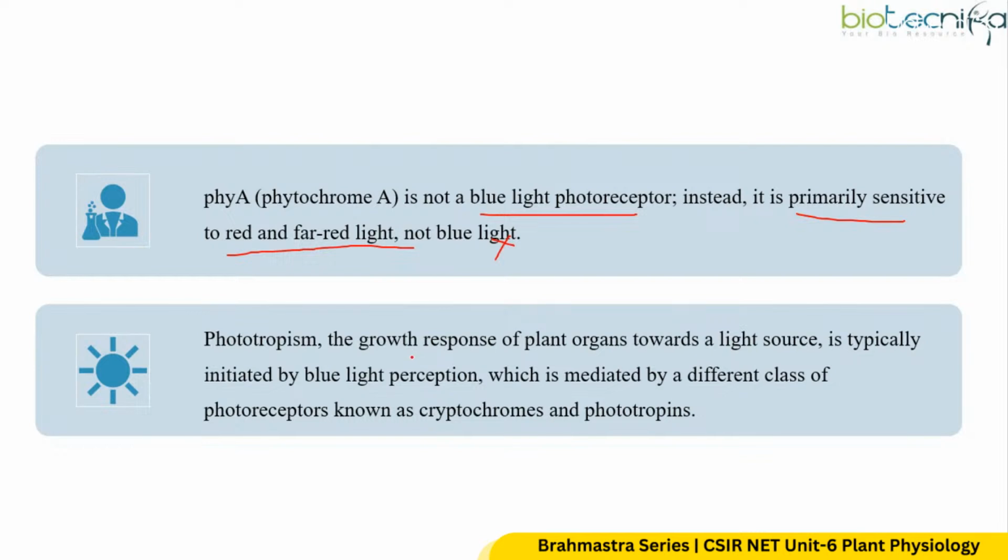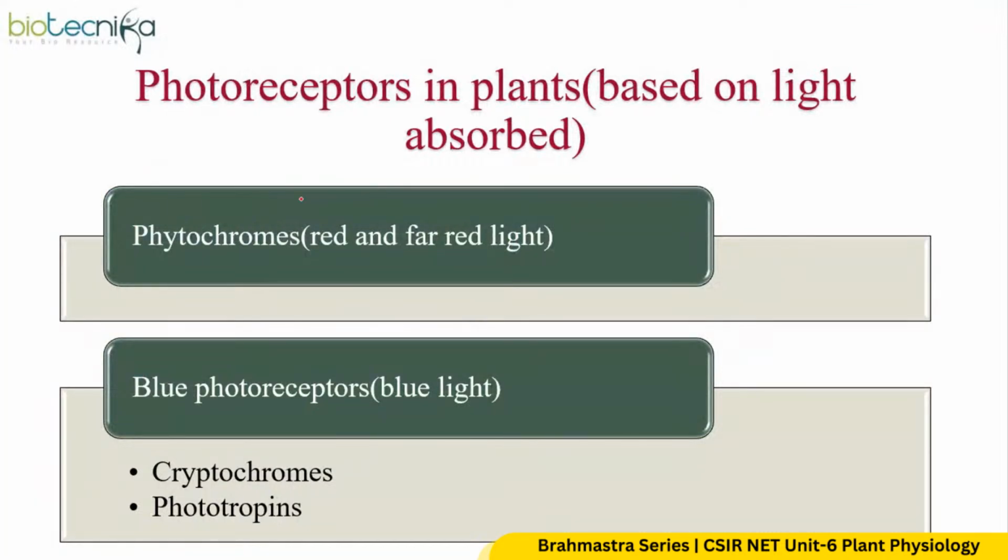Phototropism is the growth response of the plant towards a light source, initiated by blue light perception, and is carried out by a class of photoreceptors known as cryptochromes and phototropins. So we have two types of photoreceptors in plants. One is the phytochromes, which respond to red and far red light. The second is the blue photoreceptors, which respond to blue light. They are cryptochromes and phototropins.